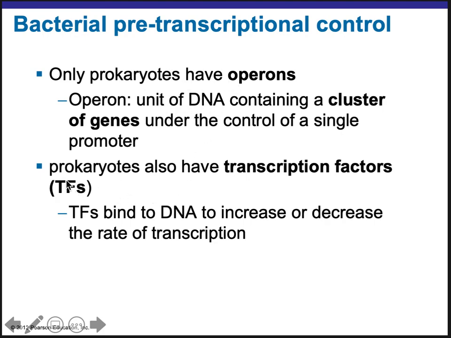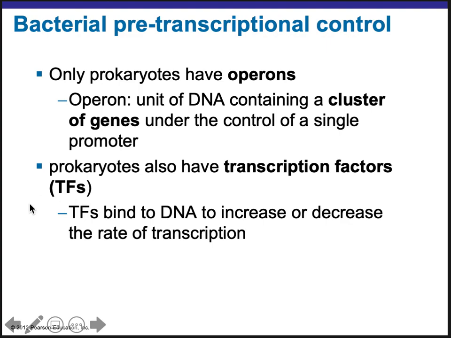And we'll see that transcription factors also are present in eukaryotes. We just don't have operons. And so transcription factors are molecules that bind directly to DNA to either recruit and encourage transcription or to decrease.